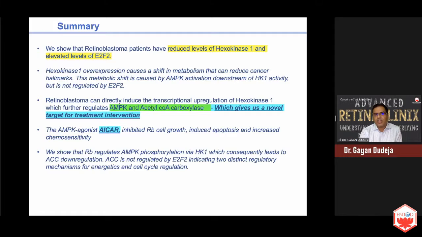Retinoblastoma cells per se can also induce transcriptional upregulation of HK1, which further regulates AMPK and ACC, which gives us a novel target for treatment. The AMPK agonist ICAR inhibits RB cell growth, induces apoptosis, and increases chemosensitivity to topotecan. We also show that retinoblastoma regulates AMPK phosphorylation via HK1, which consequently leads to ACC downregulation.